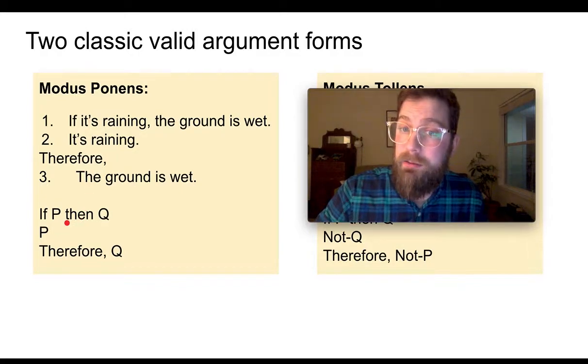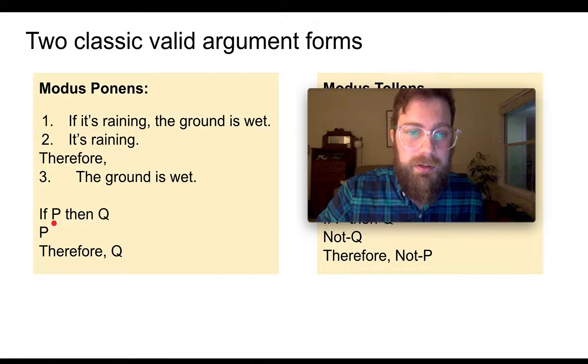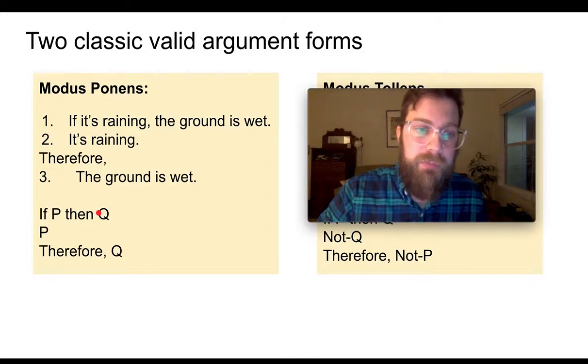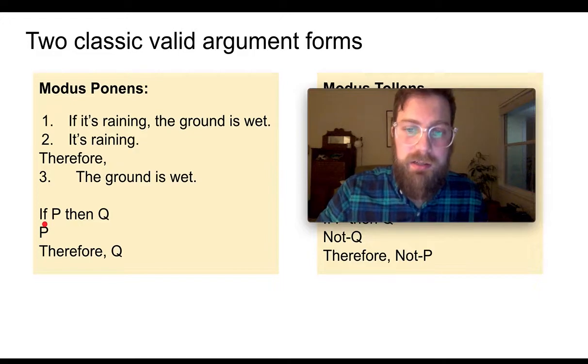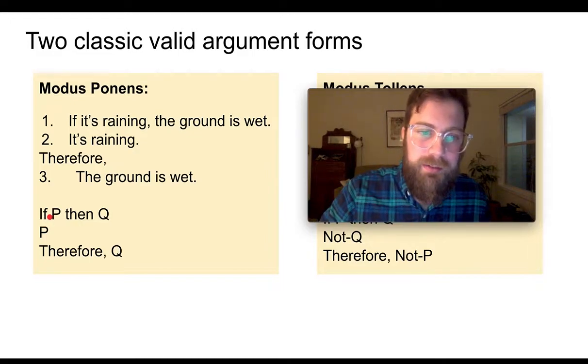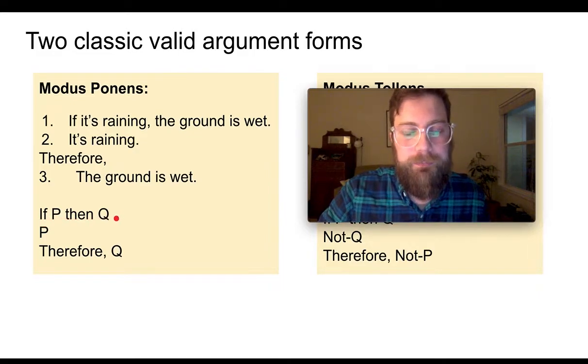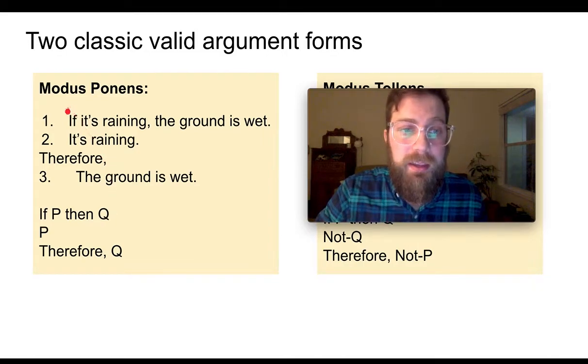You'll remember that we learned about conditionals, where you take a smaller sentence like P and another sentence like Q, and then you can make a compound sentence, which is a conditional in this case, to say something like if P then Q, right? So your sentence might say something like if it's raining, then the ground is wet.